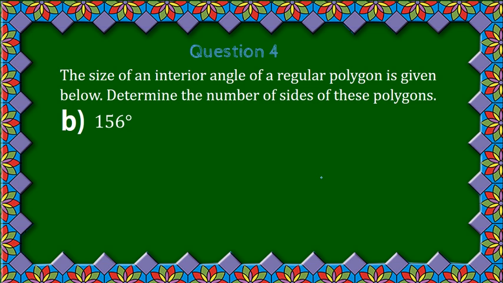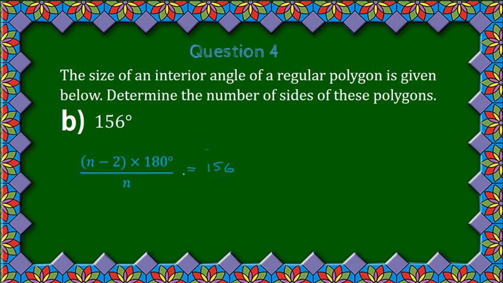Right, so for question 4 then, the size of an interior angle of a regular polygon is given below. Determine the number of sides of these polygons. So once again, our formula for each angle is equal to the size of each angle, 156. So I'm just going to go ahead in one step. Like we did in the previous question, we multiplied both sides by n.